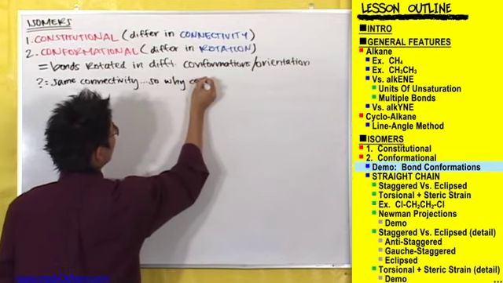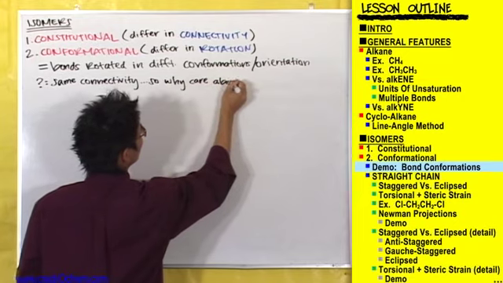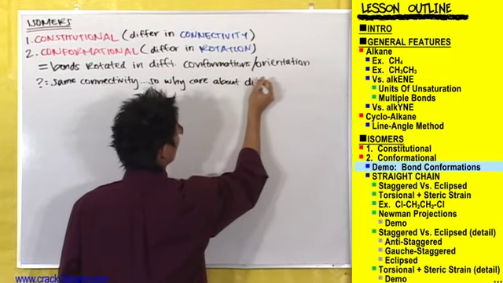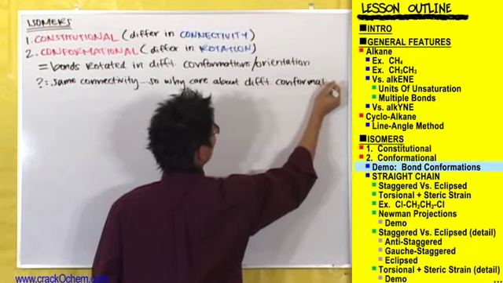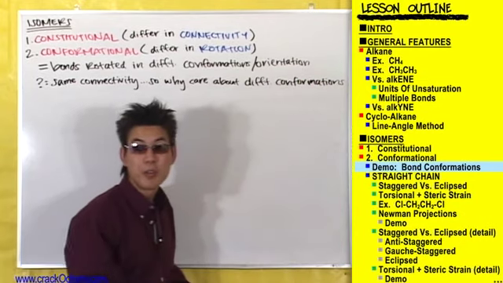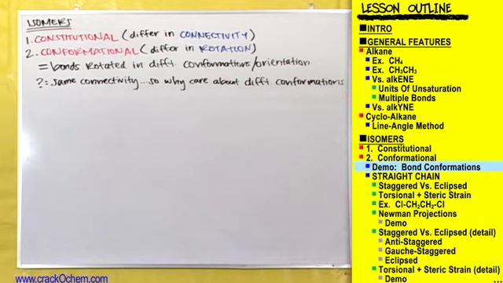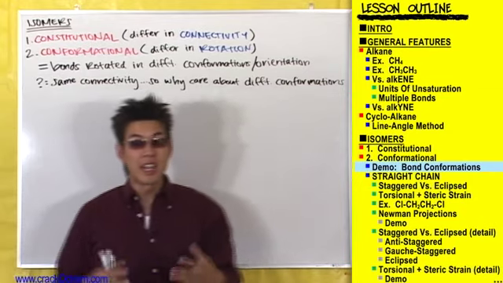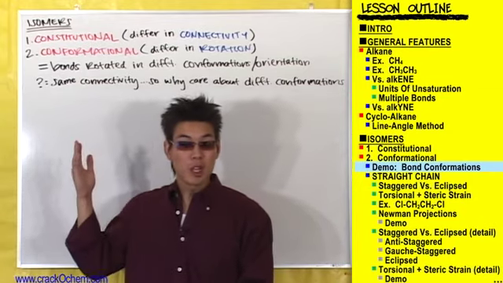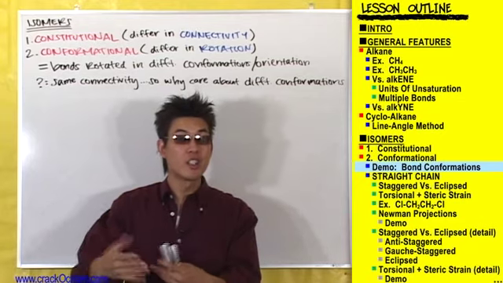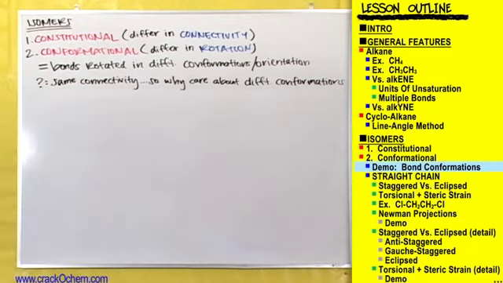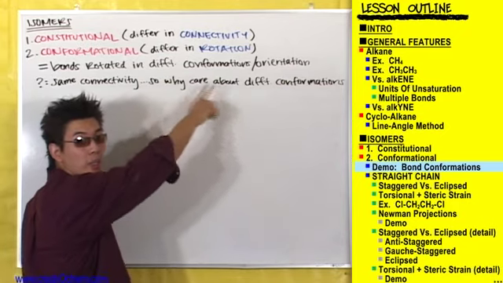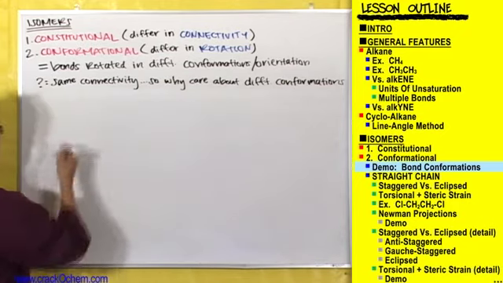So why care about different conformations? And the answer is because some conformations are lower in energy than other conformations. So let's write that down. Okay, so why do we care about these different conformations?